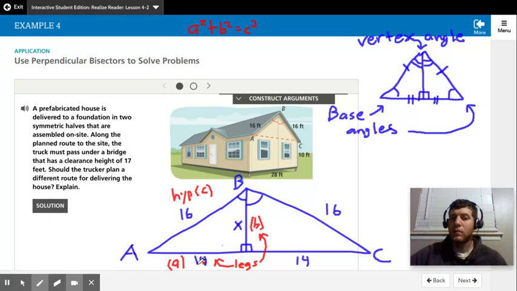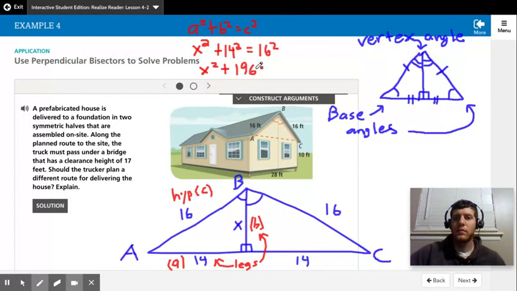All right, so our A and our B are x and 14, so we'll do x squared plus 14 squared equals 16 squared. So that's going to be x squared, 14 squared. It's going to be what, 196?